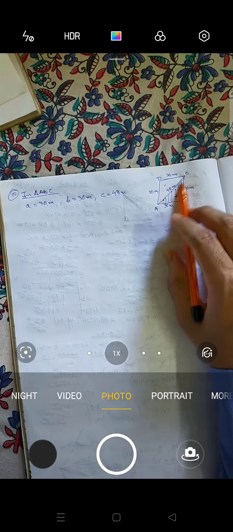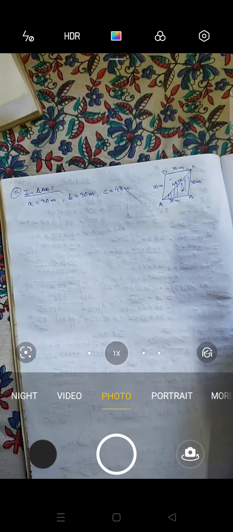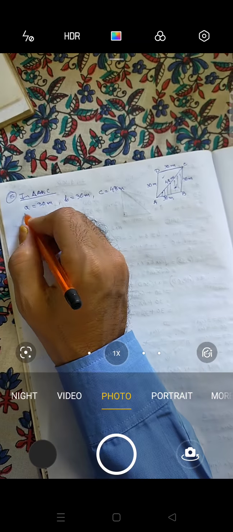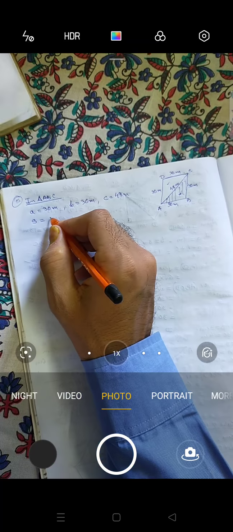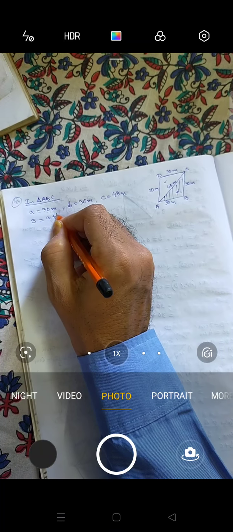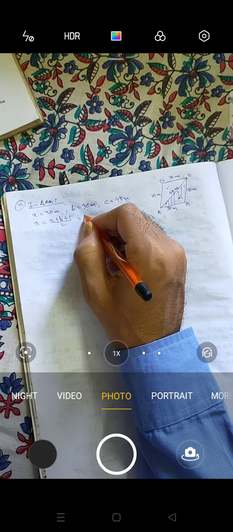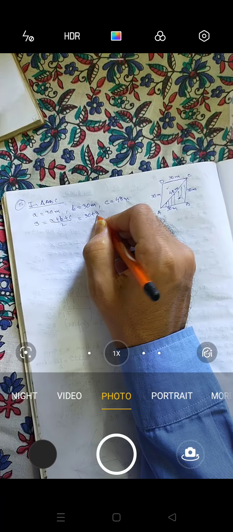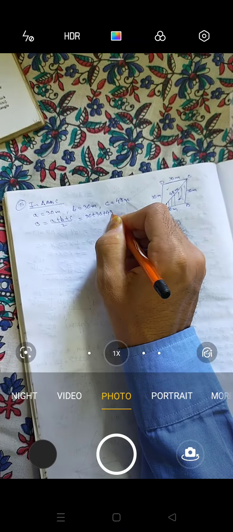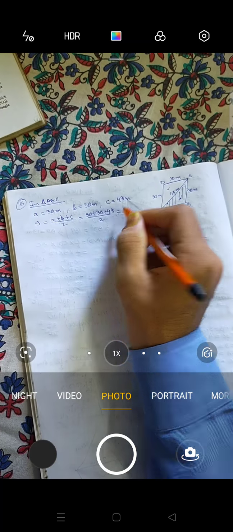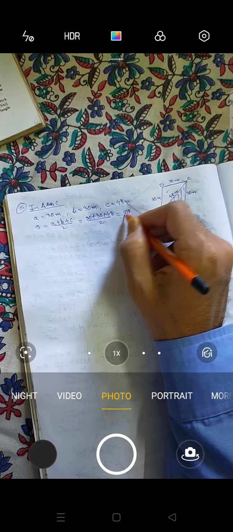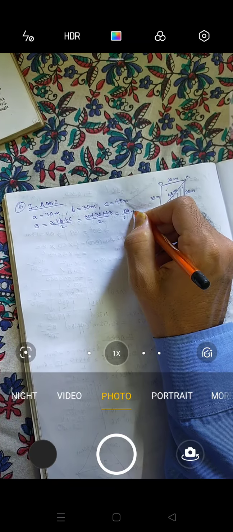These are three sides, so we can find the area by using Heron's formula. First of all we will find S, (a plus b plus c) by 2. Now this is (30 plus 30 plus 48) by 2. So this is 108 by 2 meter, equals 54 meter.